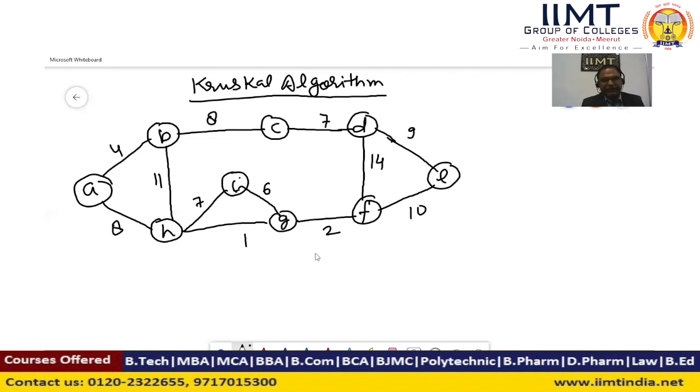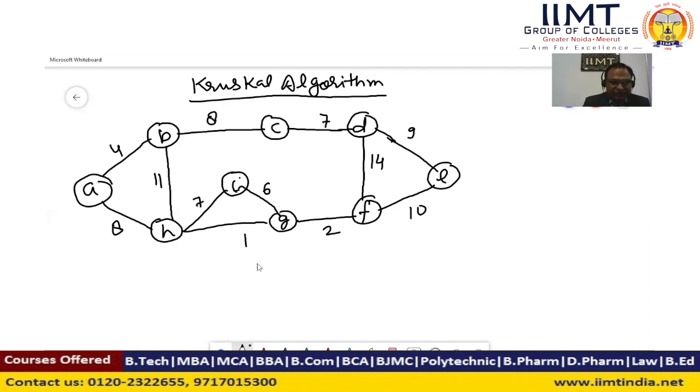So a spanning tree has the equal number of vertices as the graph, the number of edges may be less than the graph has, and in a spanning tree there should not be any cycle.